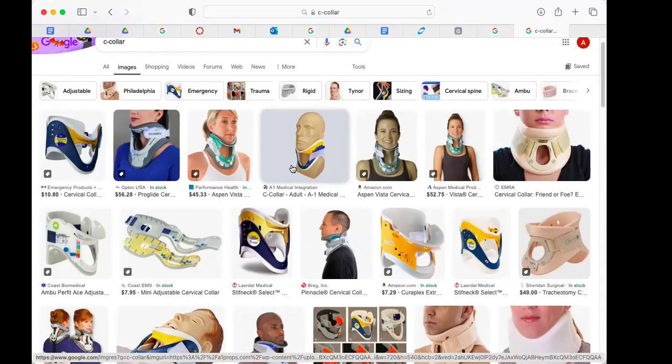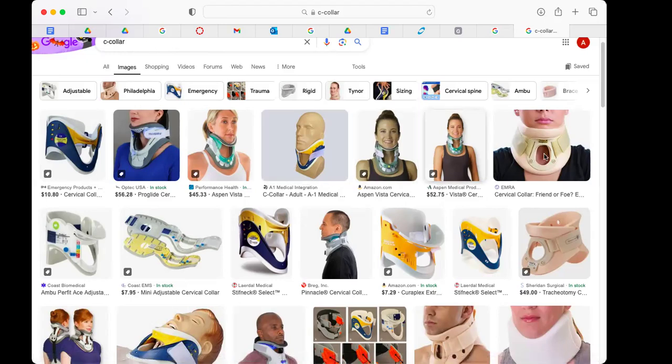So can this person in the collar look down? No. It prevents head flexion. But sometimes it can be kind of itchy, right?